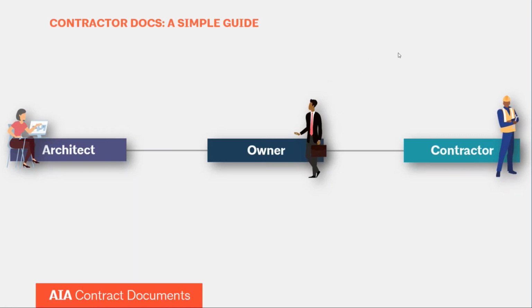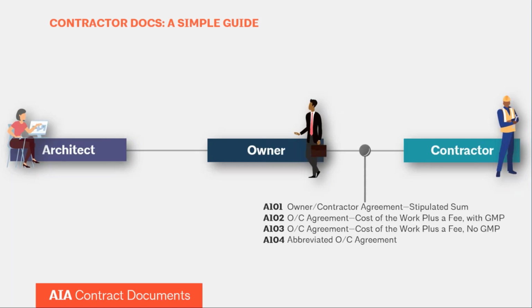So right off the bat, we have some prime parties here focusing on this very important relationship between the owner and the contractor. You're going to have a few different options in terms of the documents that will be used. And the options are mostly going to revolve around pay structure, which I'm going to explain here in a second, and then I'll get into some more detail as well.